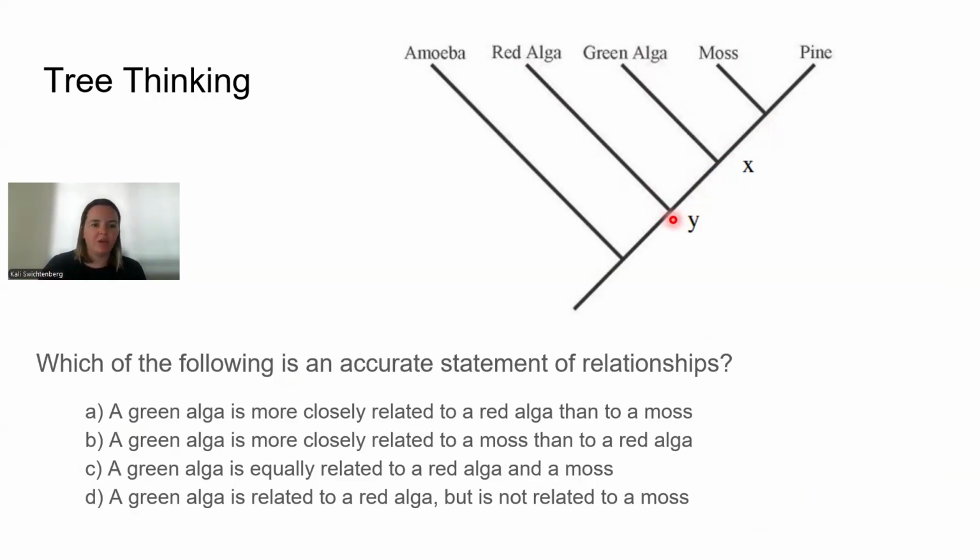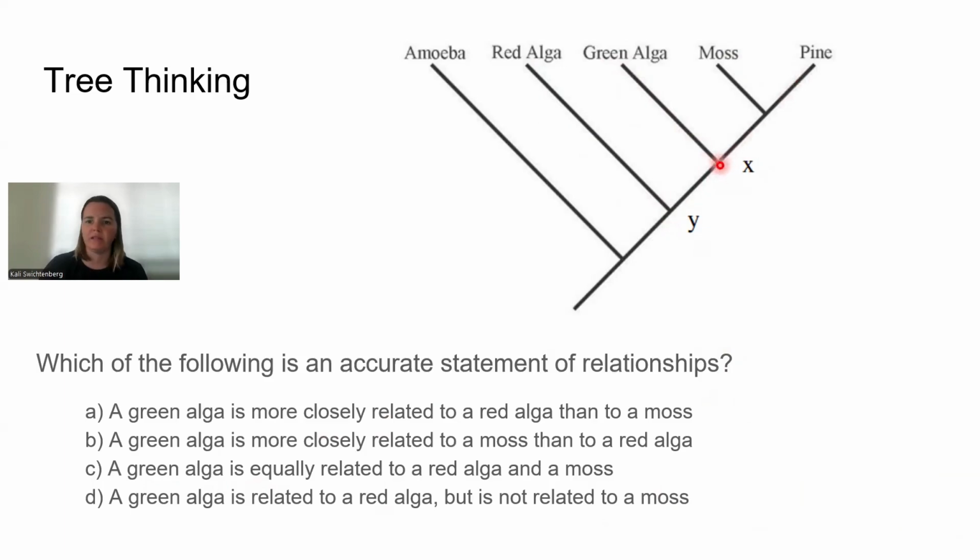The second statement, green alga is more closely related to moss than to red alga. We just answered that by breezing our way through the first one. That would be true, because green alga and moss share a more recent common ancestor than red alga and green alga. C, green alga is equally related to a red alga and a moss.